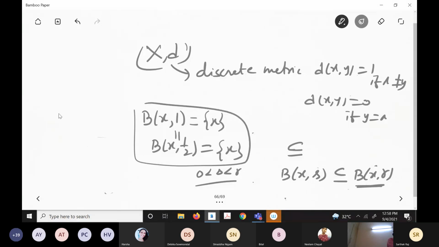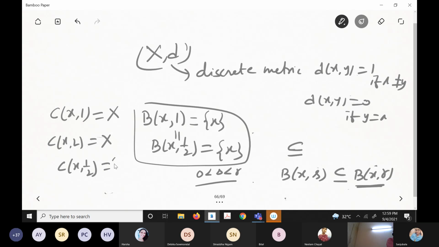So look at this. Similarly for C, look, what will be C(x,1)? Complete set X, the whole set X will come. But then what will be C(x,2)? That will also be the whole set X. So here they may be equal. Understand? On the other hand, look at C(x,1/2).